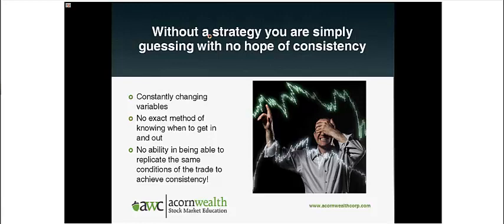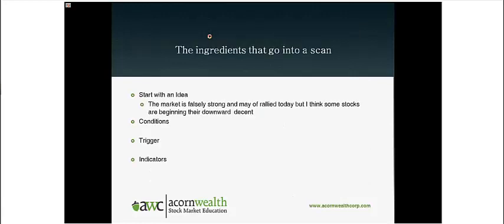So let's talk about the ingredients that go into a scan. What we've got here are the 4 key ingredients that we start out with to go into building an idea that we can search for.